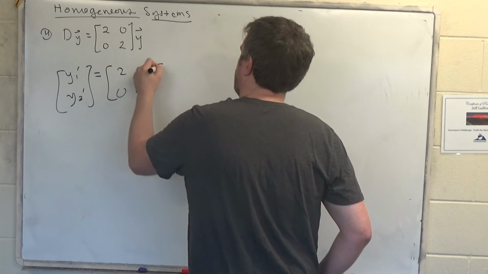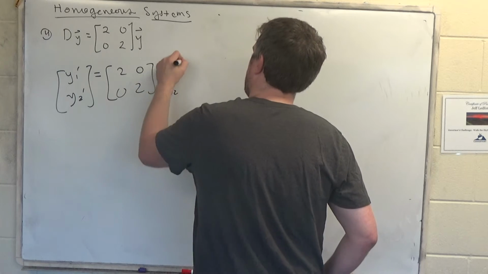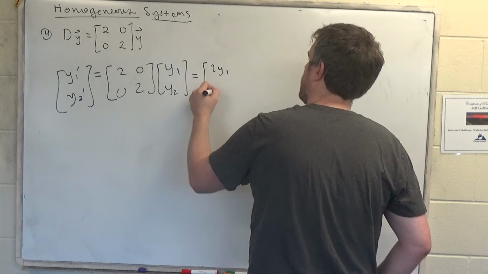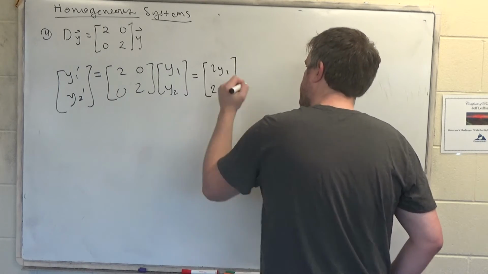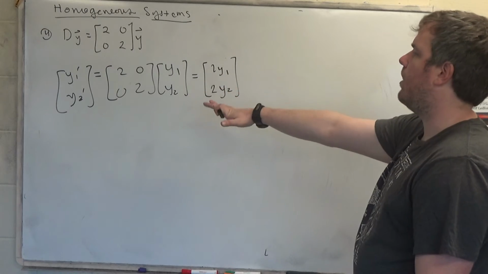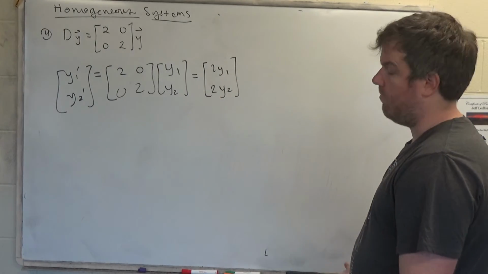I'll multiply it out to show you. We have y1 prime equals 2y1 and y2 prime equals 2y2.